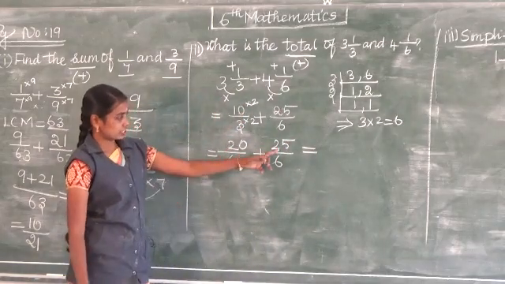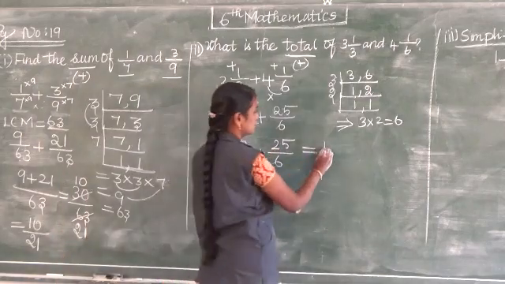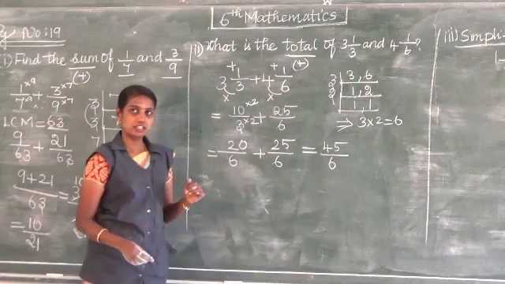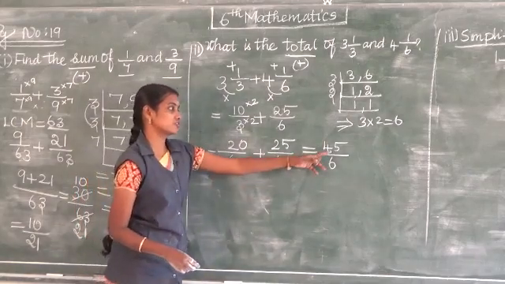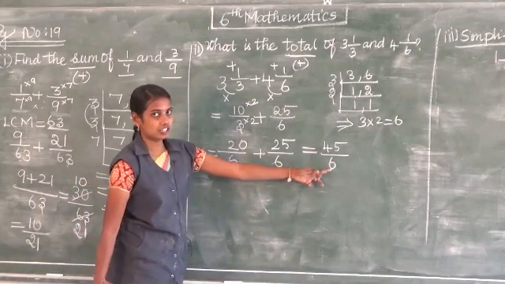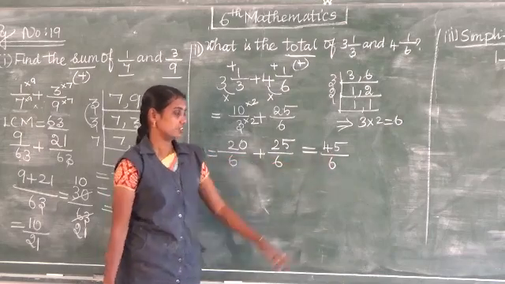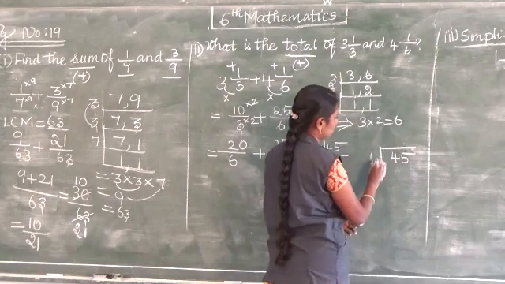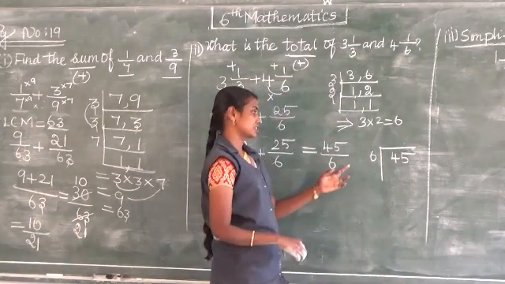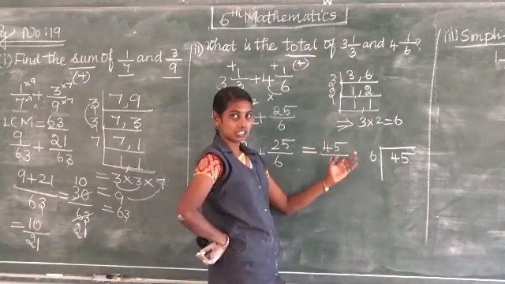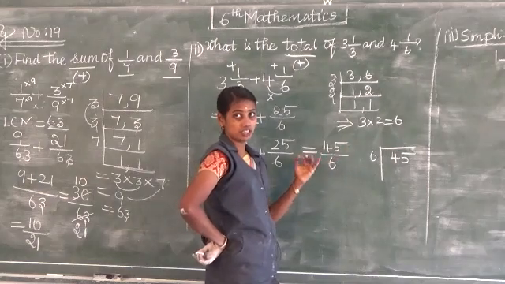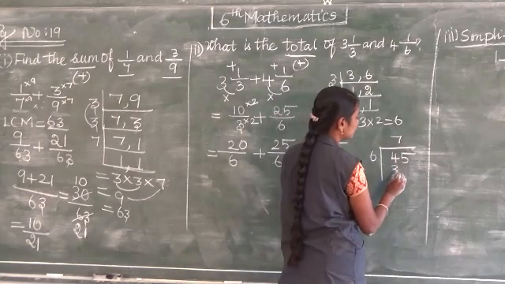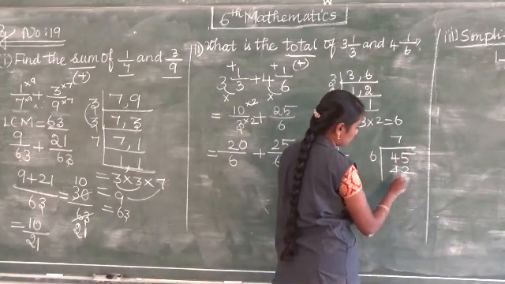Now add 20 plus 25 is 45 by 6. 45 is the numerator, 6 is the denominator. It is bigger, so go for division. 6 table: 6 ones are 6, 6 5s are 30, 6 6s are 36, 6 7s are 42. 7 times 42.